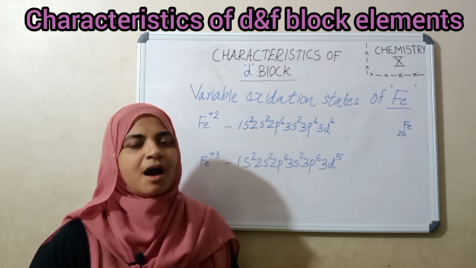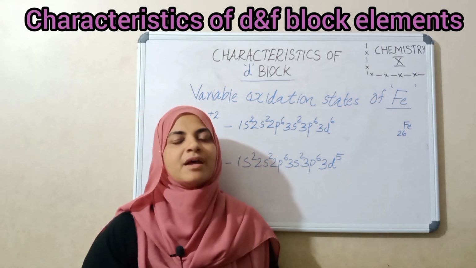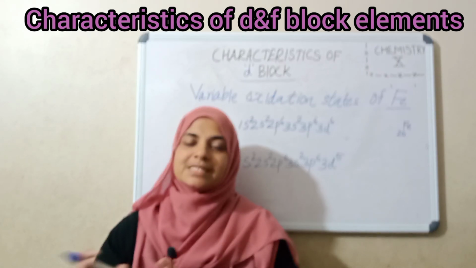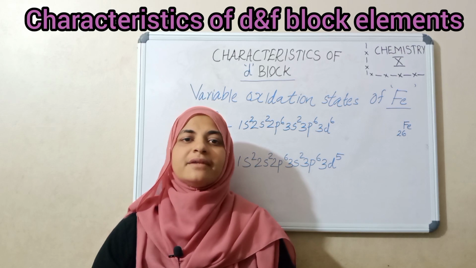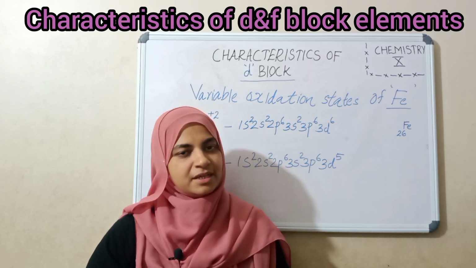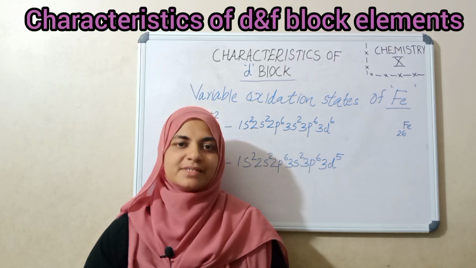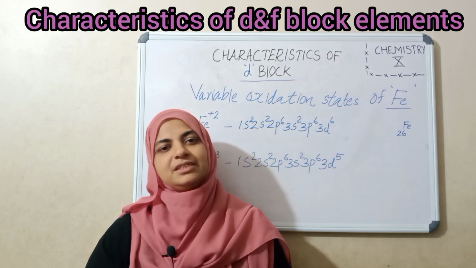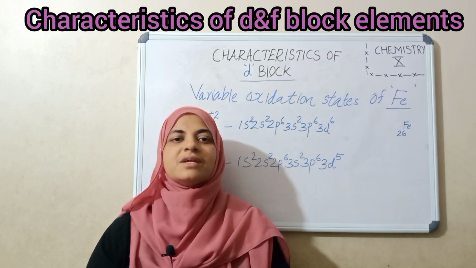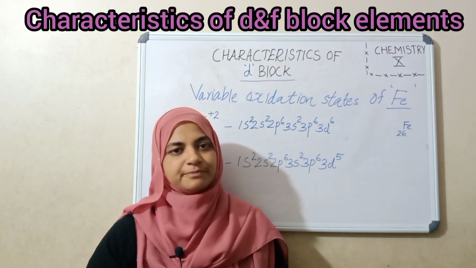Because in d block elements, the outermost s subshell's energy and the penultimate d subshell's energy have a very low difference. That is, a slight difference in energy between the outermost s subshell and the penultimate d subshell.